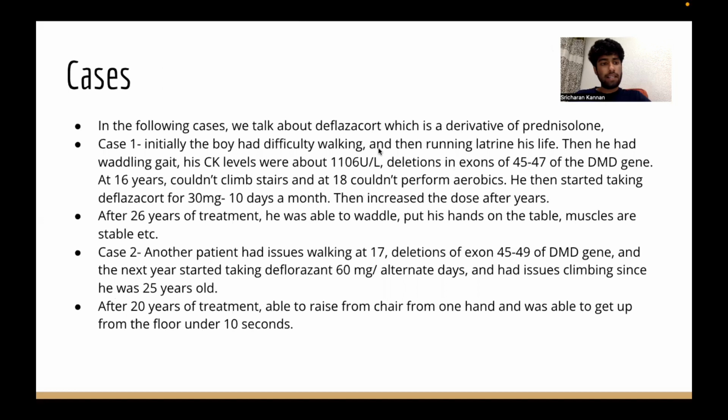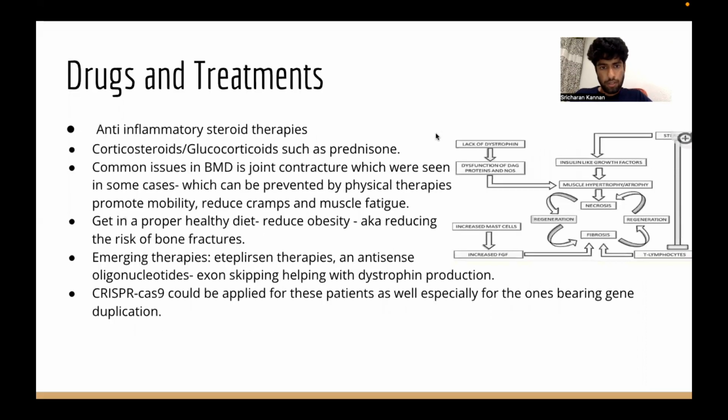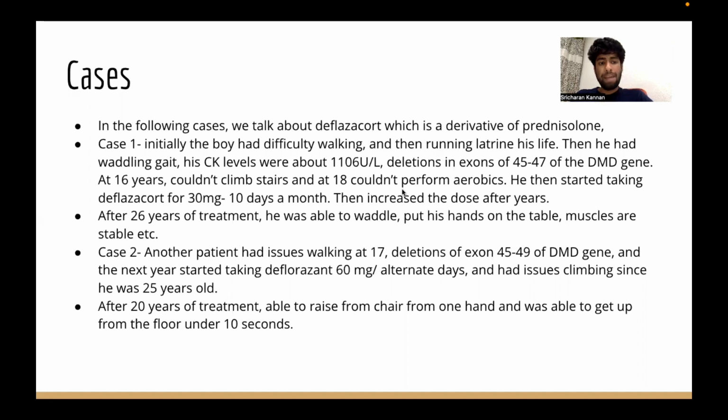Let's go ahead with the case studies. For these two cases we used deflazacort, which is a derivative of prednisone, which we talked about in the previous slide, a glucocorticoid. Case one is a man who had difficulty walking at 5 years old, and around 7 to 10 had issues running. Later he had to use the Madeline gait, and his CK level was 1106, which is really high.